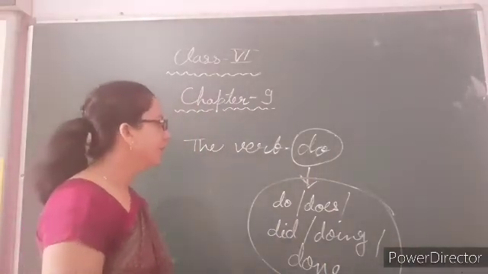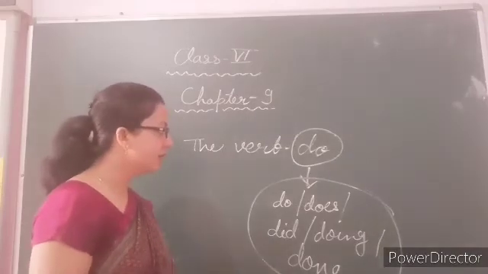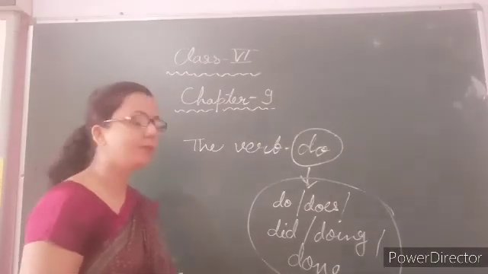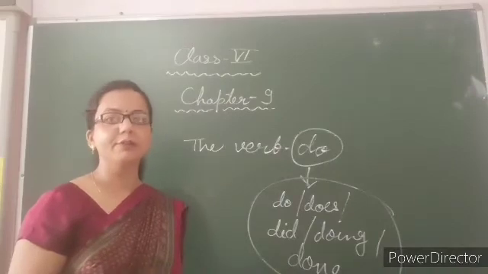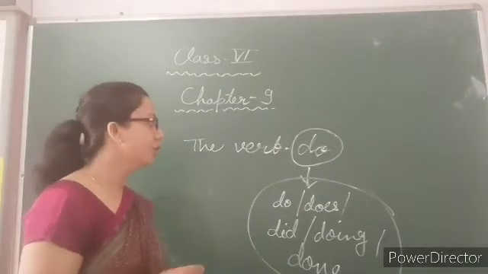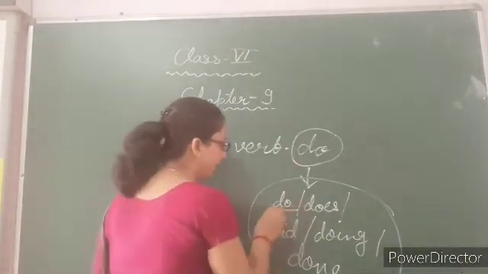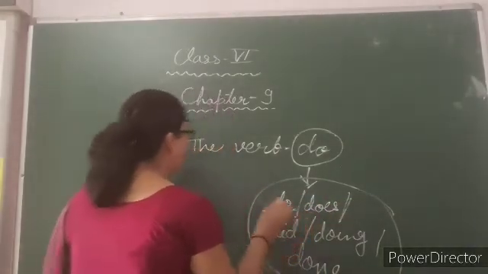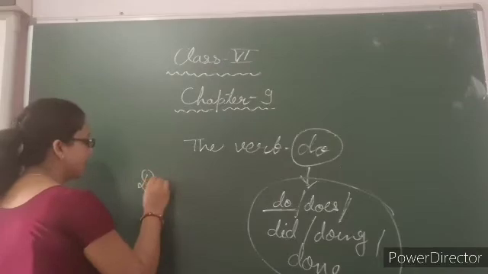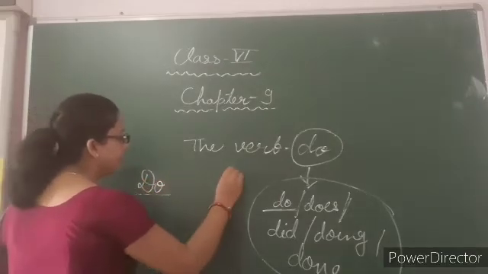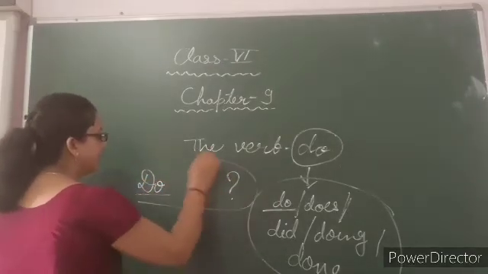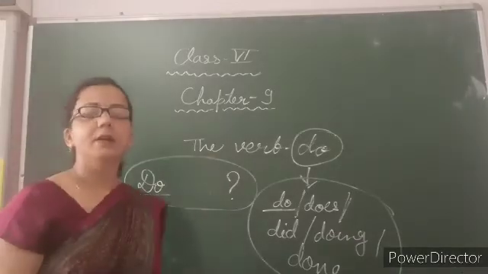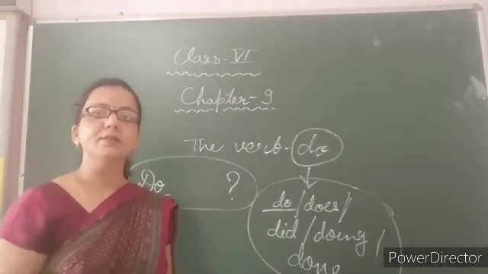So here sometimes we use these verbs to make an interrogative sentence, like do you have. For example, there are lots of examples, you can start with did, does. If we put these forms at the start and end it with a question mark, then we can frame an interrogative sentence.